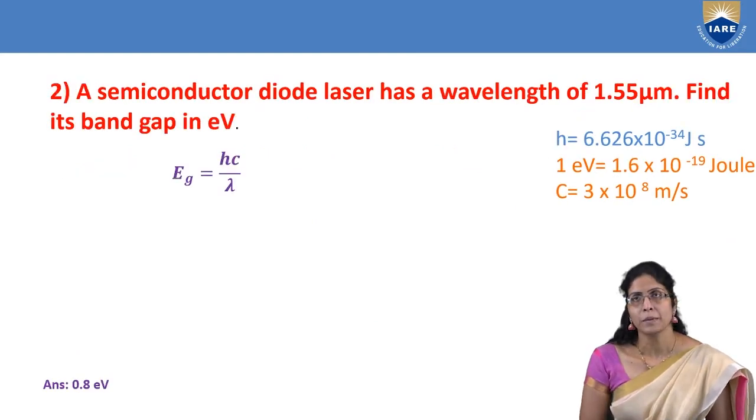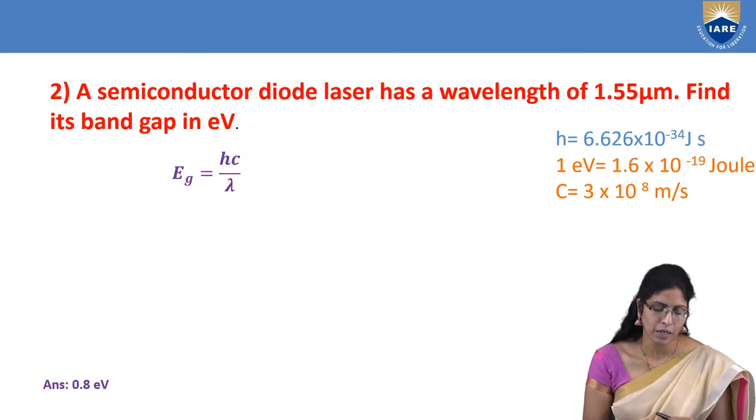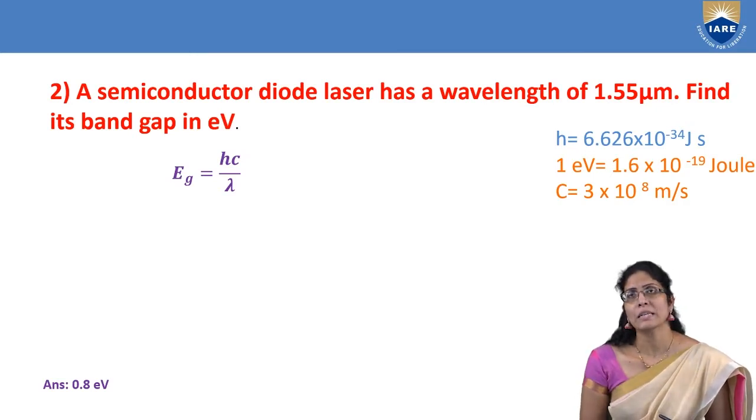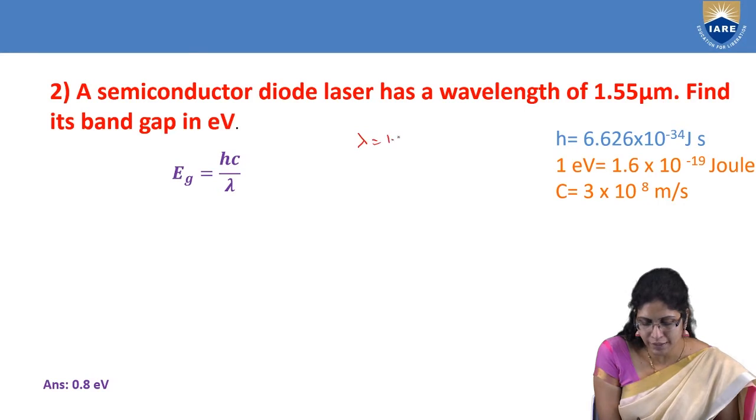Coming to the second problem, a semiconductor diode laser has a wavelength of 1.55 micrometer. Find its band gap. The same formula, but here we have to find Eg in electron volt, because h is in joules. Substitute h, c the velocity of light, and lambda given as 1.55 micrometer, converted into meters as 10 to the power of minus 6 meter.